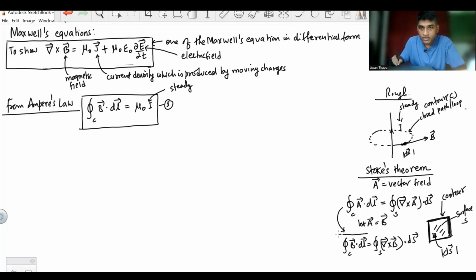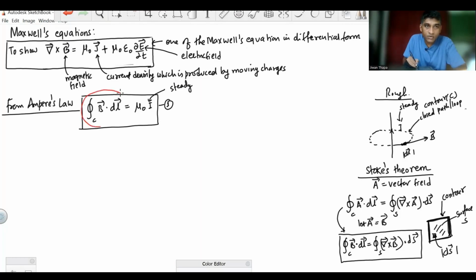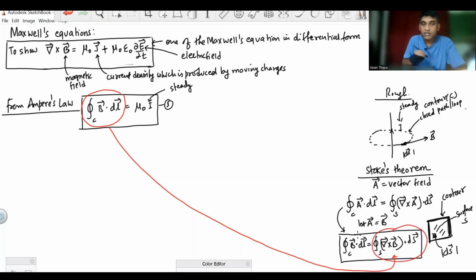So we have this. So we can replace this integral by this integral. Okay, so we need to note this.